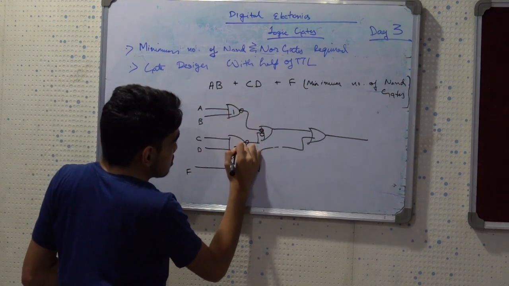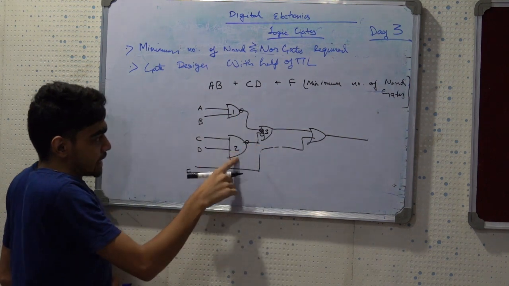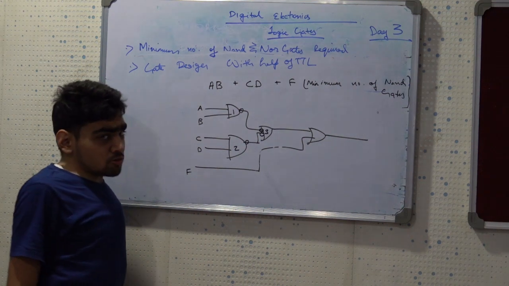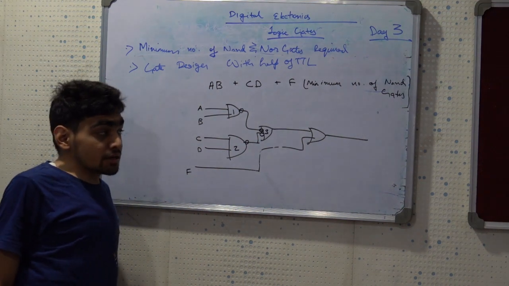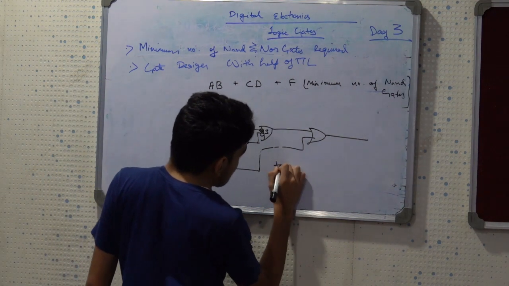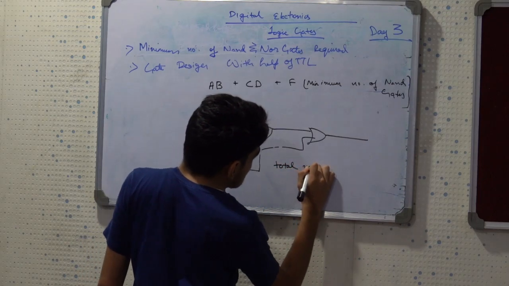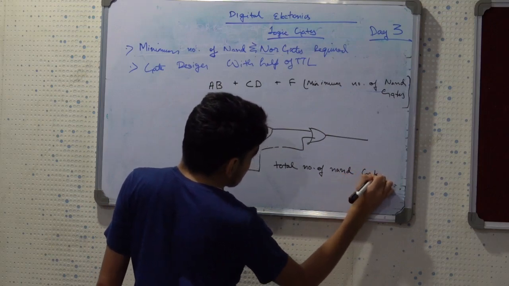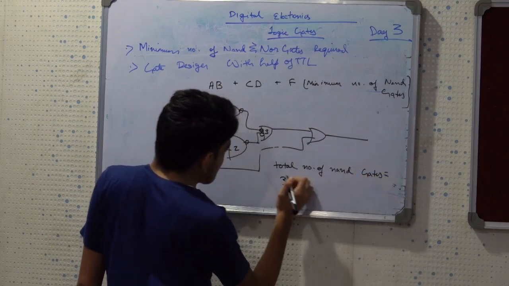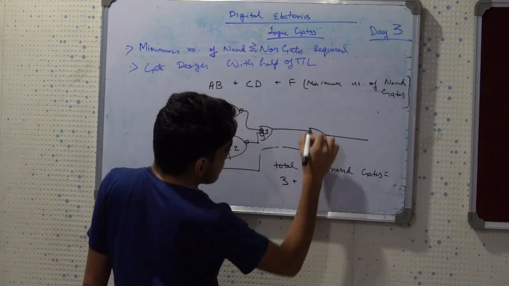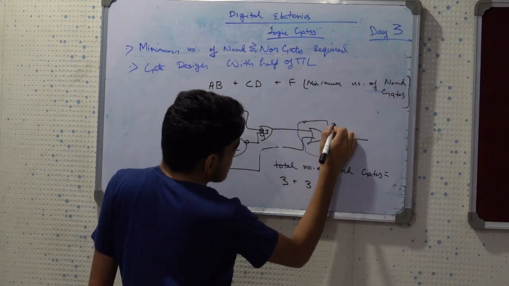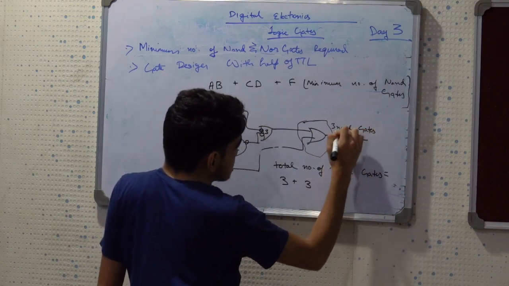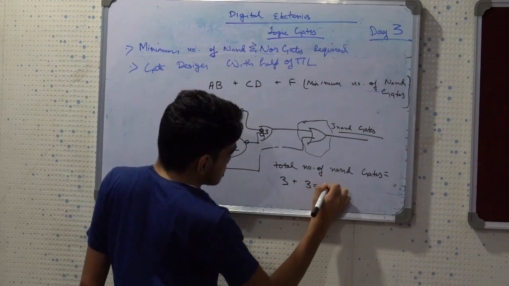So 1, 2, 3, we have three NAND gates, and over here we have an OR gate. As we know, the OR gate requires three NAND gates. So the total number of NAND gates is 3 plus 3, as we studied yesterday, which equals 6.